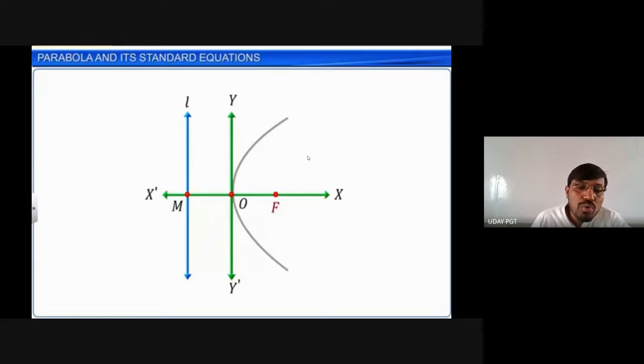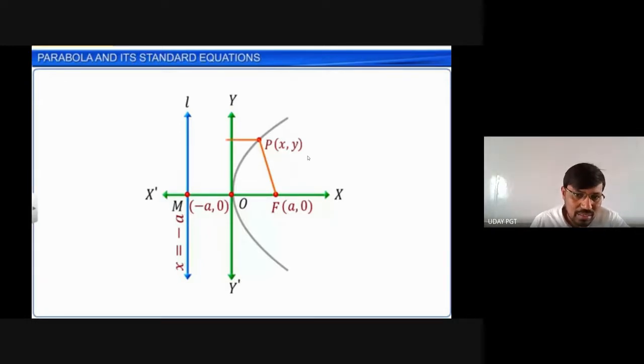Now how do we get the equation of the parabola which is open towards the right side? In this case the focus is a comma 0, the vertex is the origin 0 comma 0, and the point M on the directrix is minus a comma 0. You take any point P(x, y) on the parabola, and the distance from P to F is equal to the distance from P to the line.